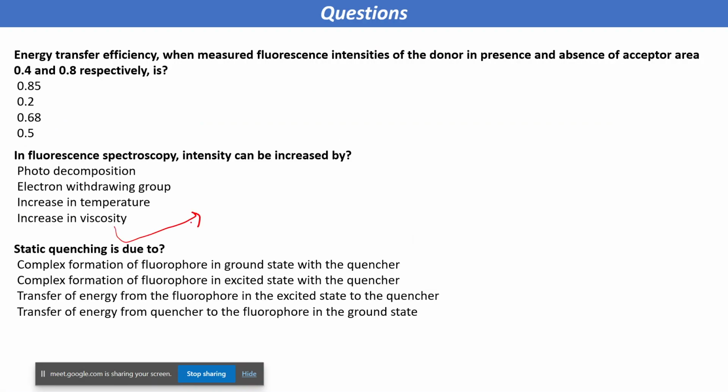If we increase the viscosity, then the collisions of the molecules will decrease, and due to that the intensity will increase. So that's why fluorescence intensity gets increased by increasing viscosity. Ma'am, what is photodecomposition? They are asking what increases intensity, but if photodecomposition occurs, then the intensity will decrease. Okay. Yes.